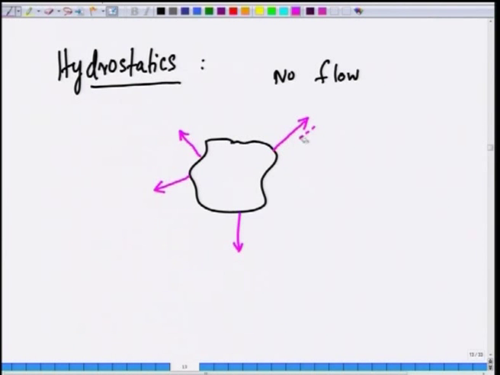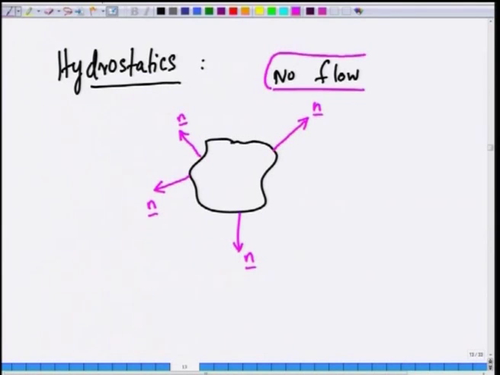It turns out that that force is compressive, so it is acting in the direction of minus n. There cannot be any shear stresses under no flow conditions, because a fluid cannot support non-zero shear stresses under static conditions. The moment you have non-zero shear stress in a fluid, it will start flowing.